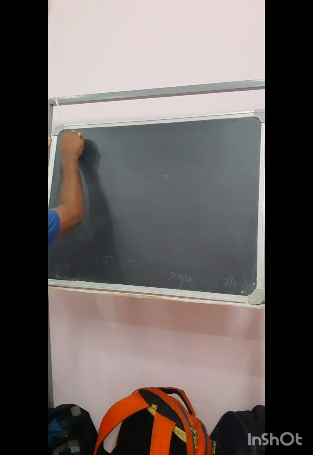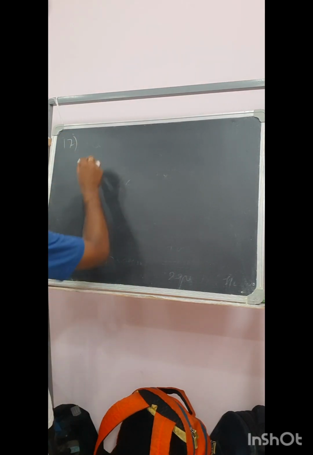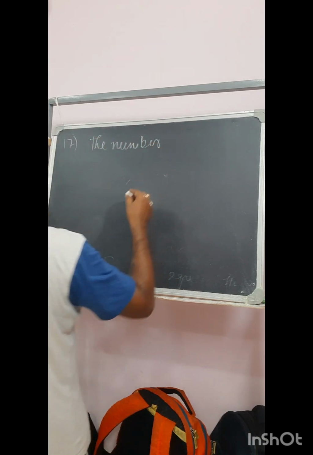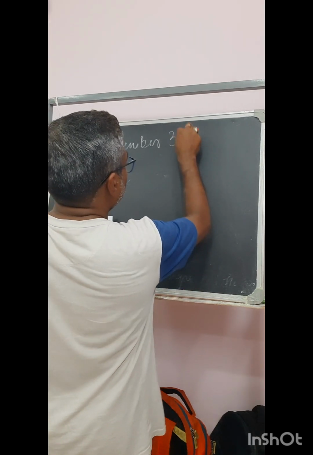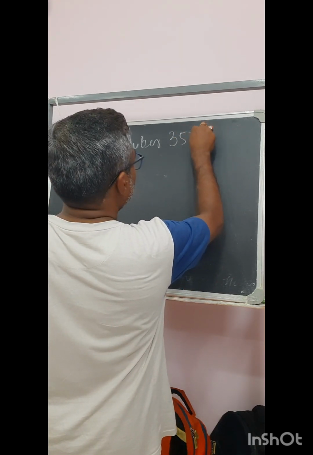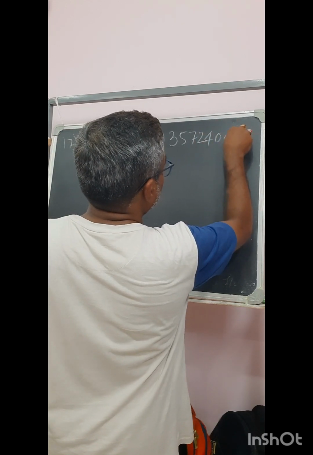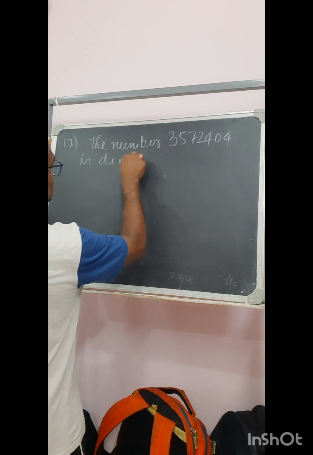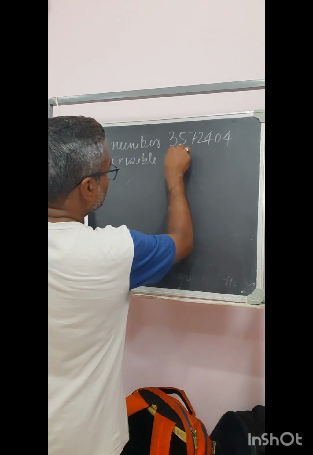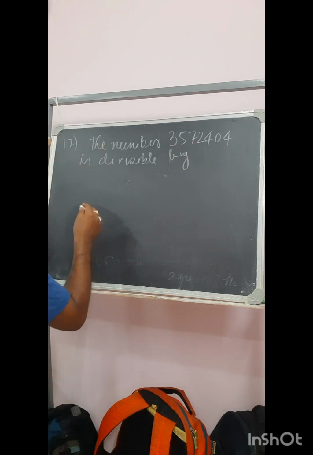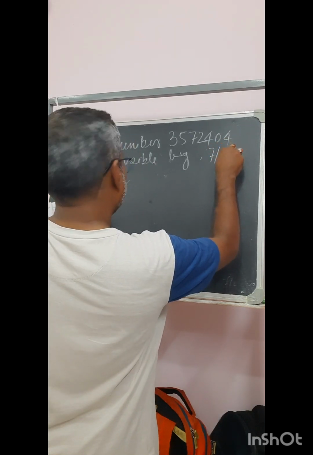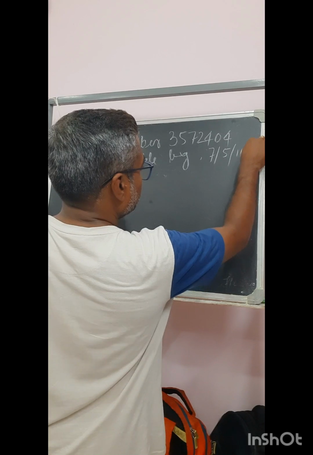Starting with the number 17 problem. The problem says the number 3572404 is divisible by, there are options, so options are given: 7 or 5 or 11 or 9.